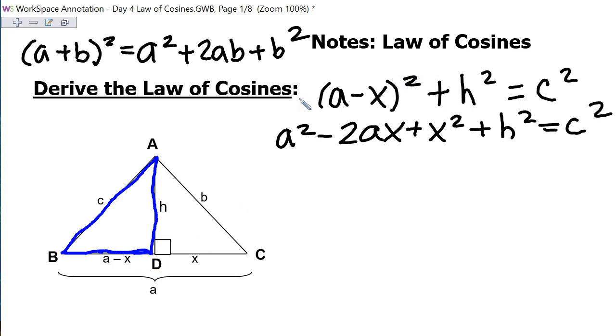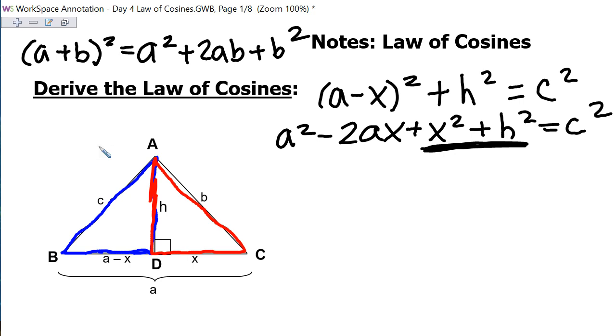Now the next thing I want to do is replace the x squared plus h squared with an expression that is equivalent. My advice to you is look over here on the right side. Notice x and h are the two legs. So I'm doing x squared plus h squared, and what should that equal?